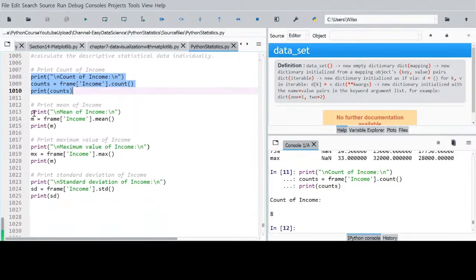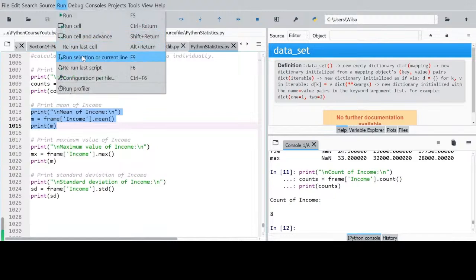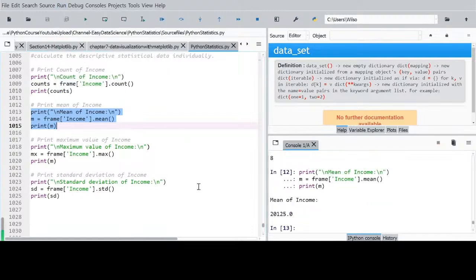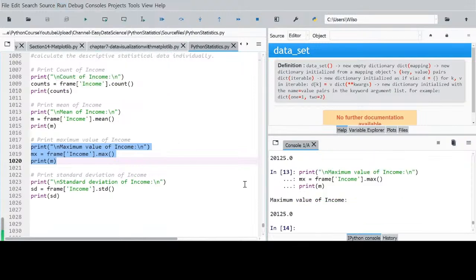I can also calculate the mean value using the mean function of frame income. And similarly you can calculate the maximum value using the max function, and you can also calculate the standard deviation of the income column using the .std function of frame income.